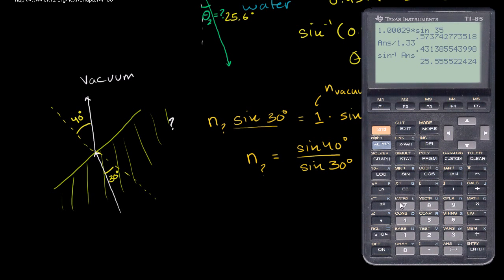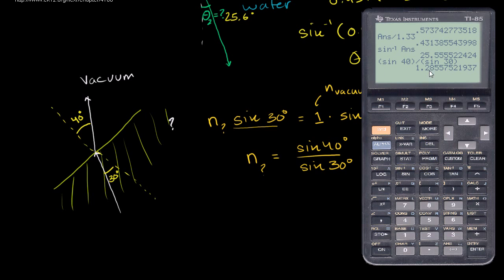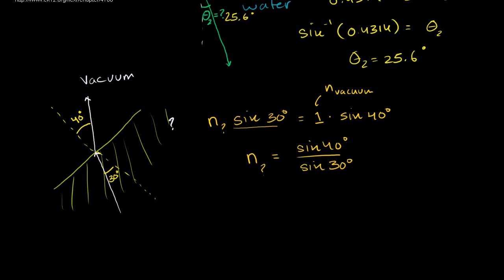We have the sine of 40 divided by the sine of 30 degrees. Make sure you're in degree mode if you try this. And you get, let's just round it, 1.29. So our unknown refraction index for our material is approximately 1.29.